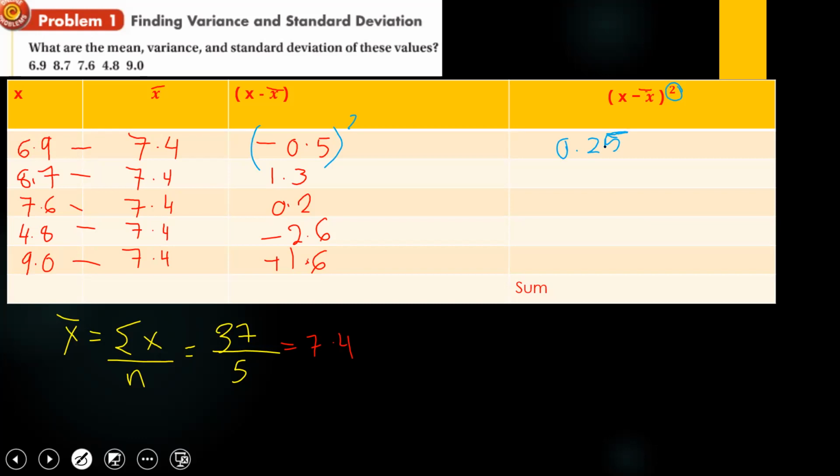Don't say it's negative. Then 1.3 squared is 1.69. 0.2 squared is 0.04. 2.6 squared is 6.76.